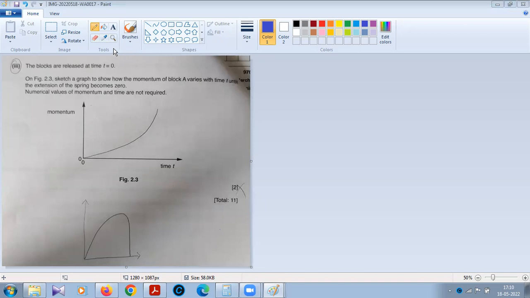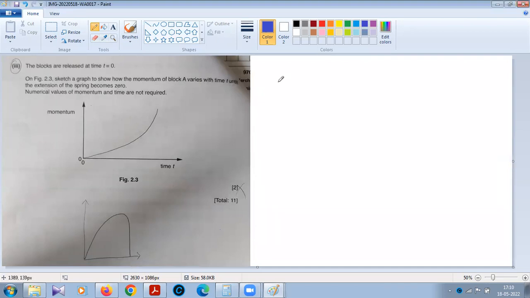So what will happen then? Okay, this is the block here. This is the spring, and now we are stretching it. Another block here. Okay, so as x is increasing, the force is also increasing.